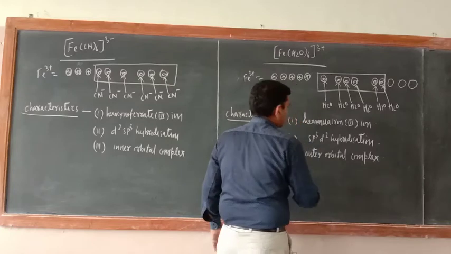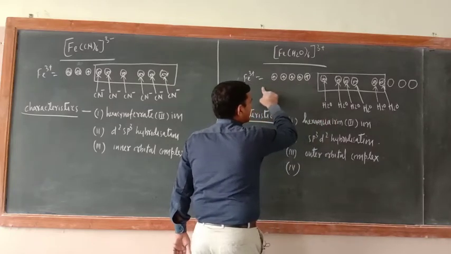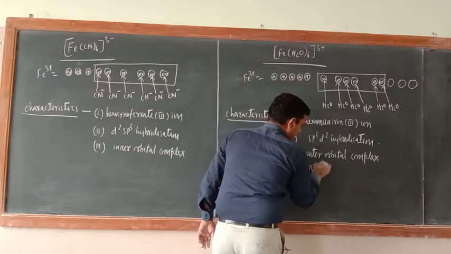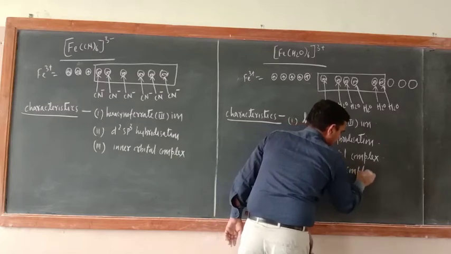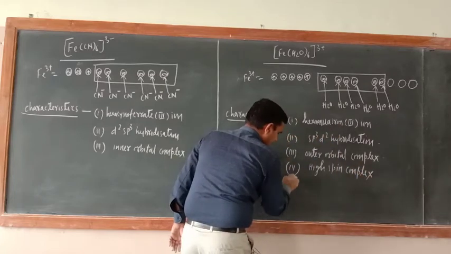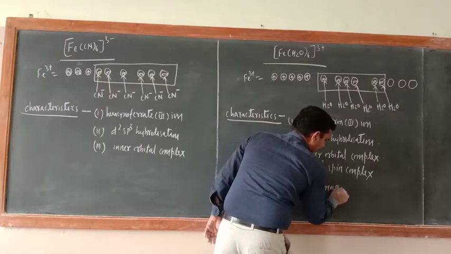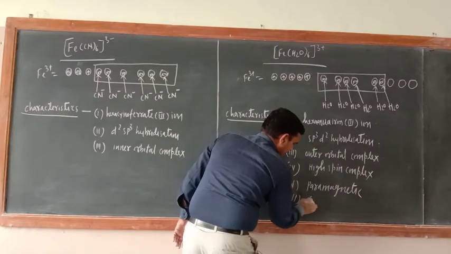Fourth number. Outer orbital complex, and here what is there? Unpaired electrons are there. So high spin complex. Now high spin complex, paramagnetic. Unpaired electrons are there. Now sixth number, colored complex.